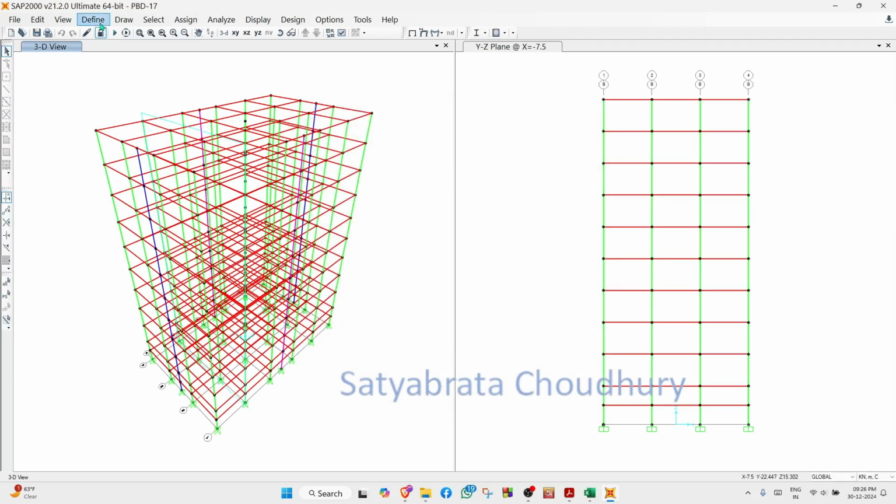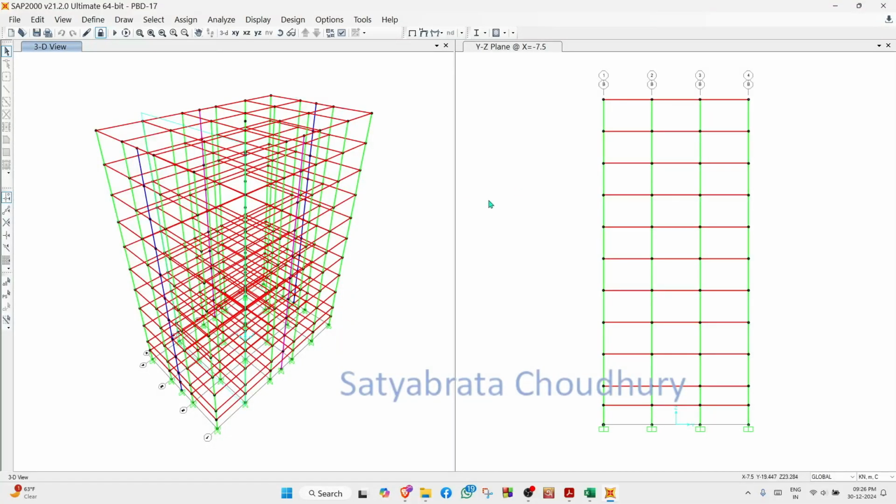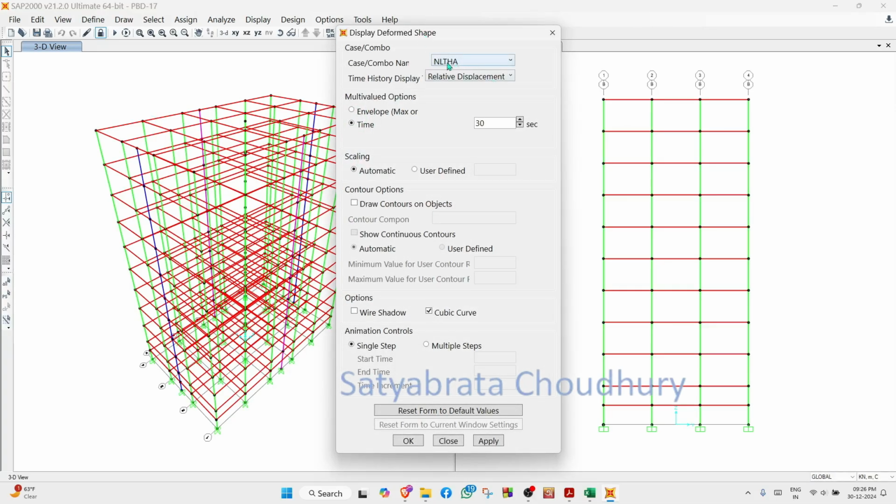So I think we have discussed the background. Now let us go to the hinge patterns. So if you simply go to the deformed shape and under nonlinear time history analysis at, say, last step, it is I think 31 second. At this second, what is the damage state? It will show you.